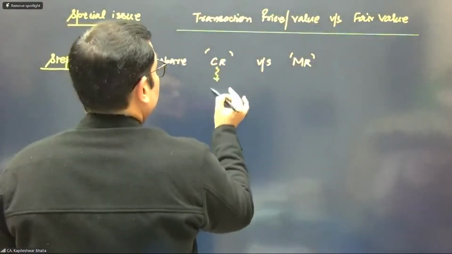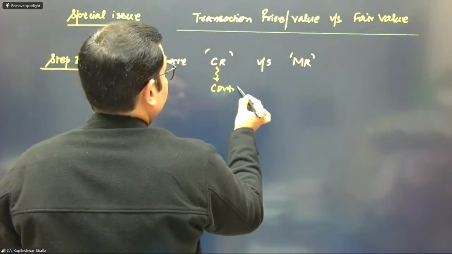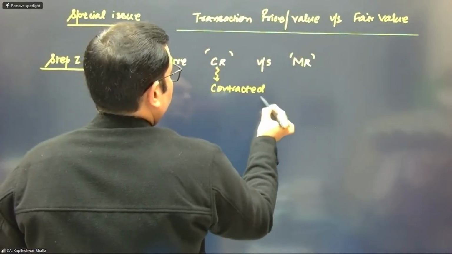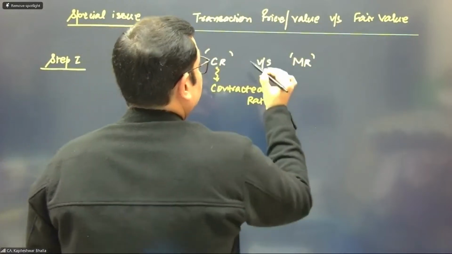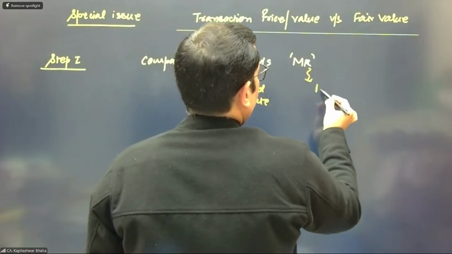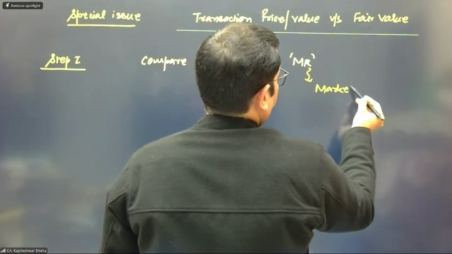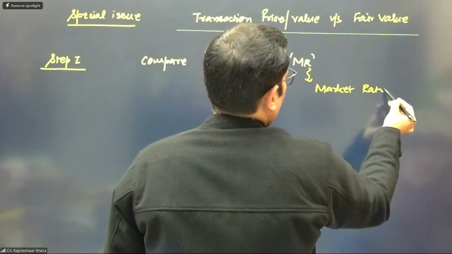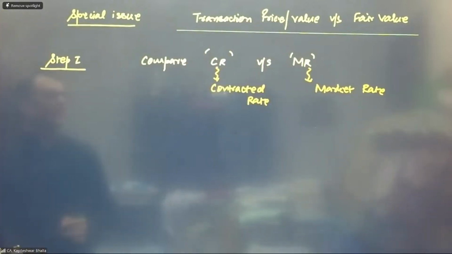CR is the contracted rate, and MR is the market rate.